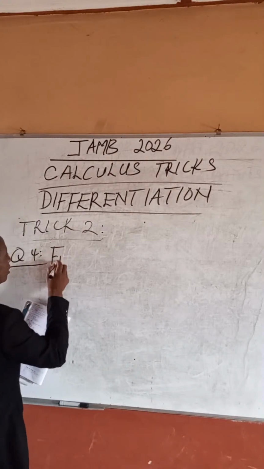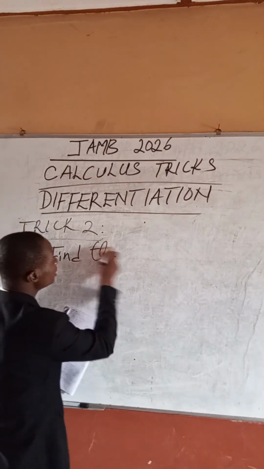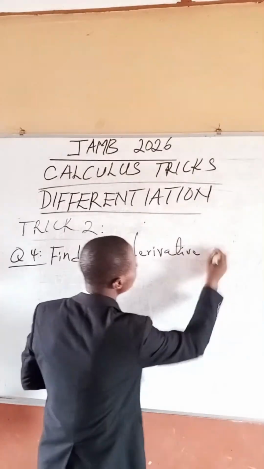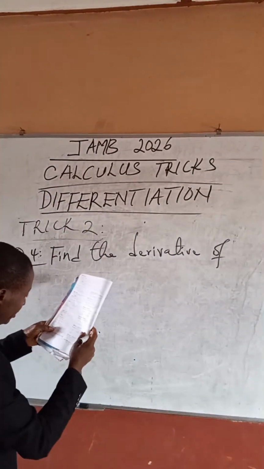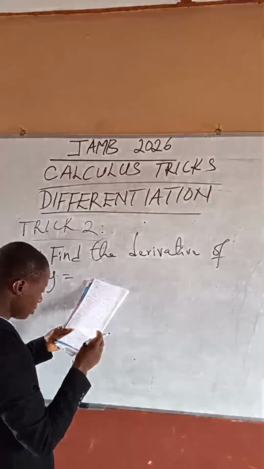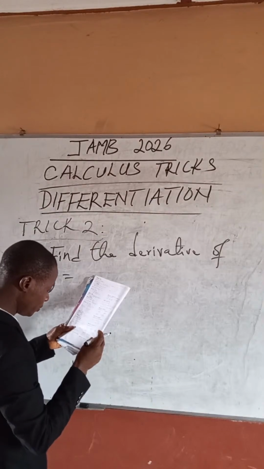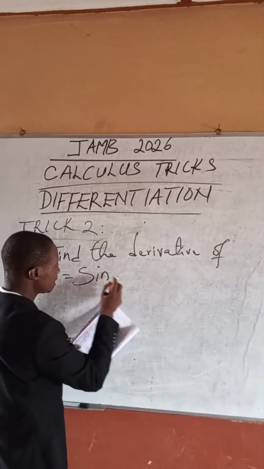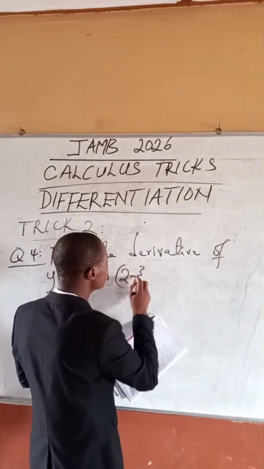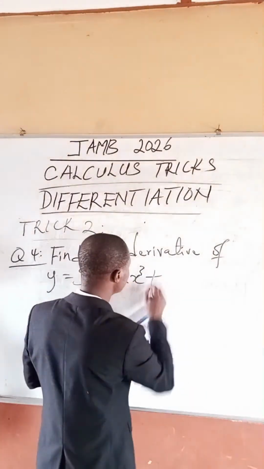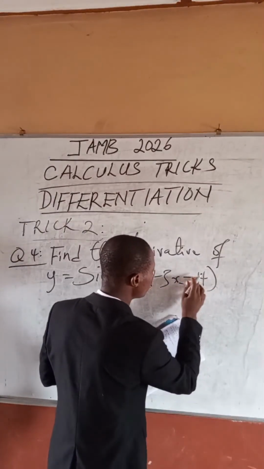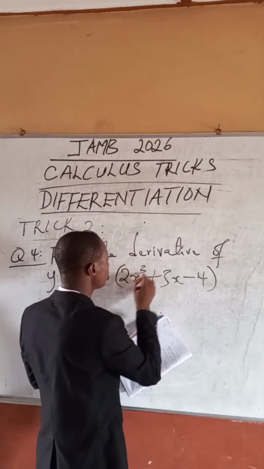Question 4. Find the derivative of y equals sine(2x^3 + 3x - 4).